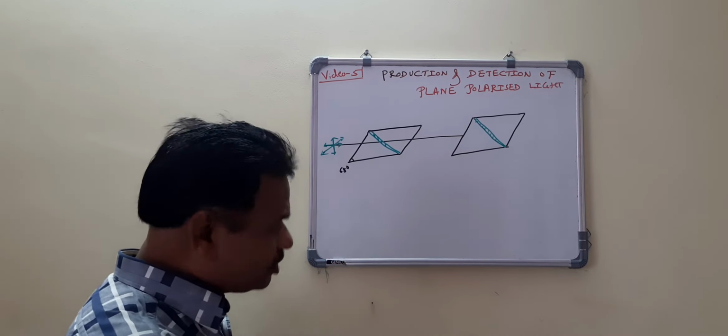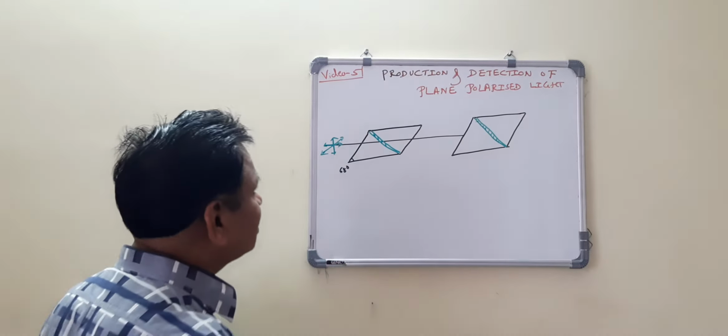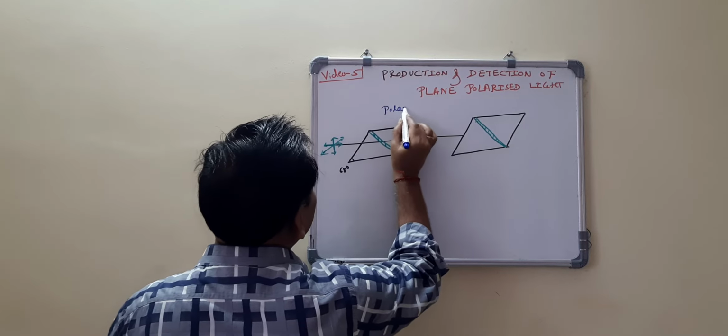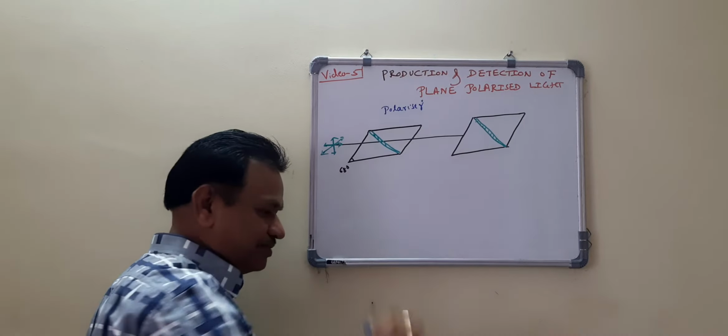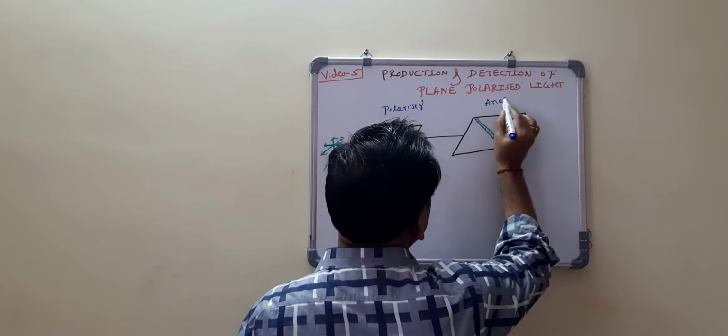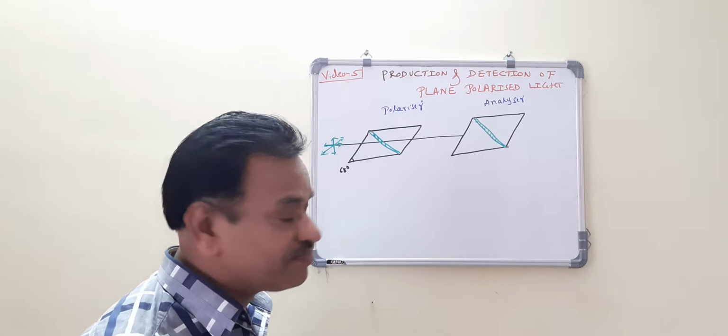For this I am using two Nicol prisms. The first prism I will call the polarizer. This one is called the analyzer. Analyzer means to detect, to identify.